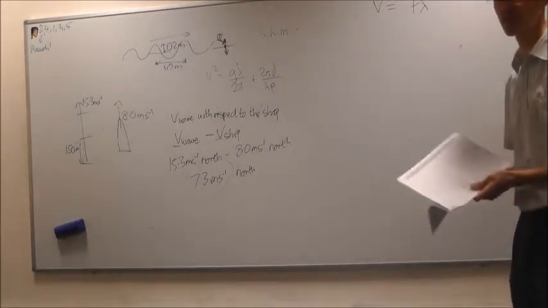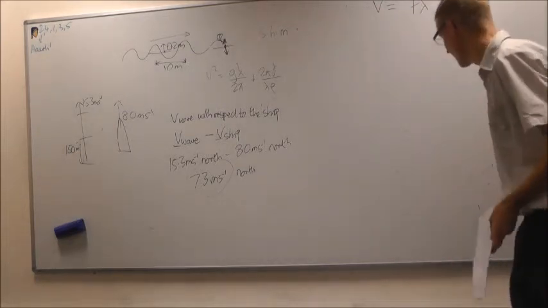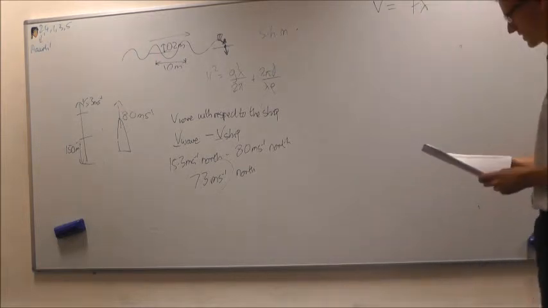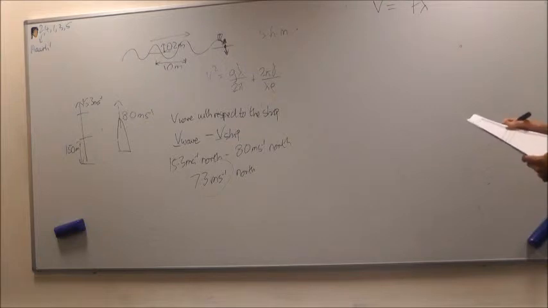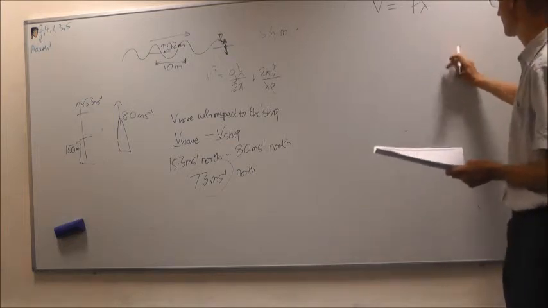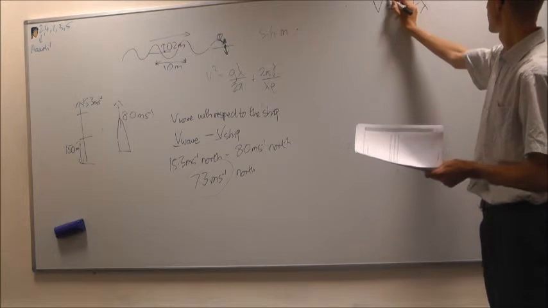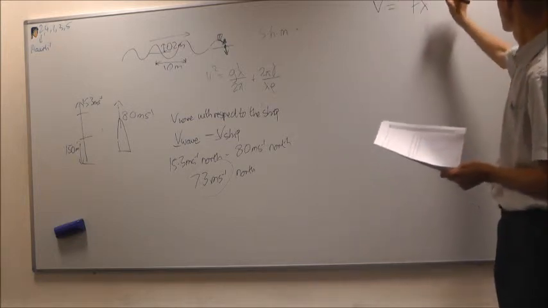It would have been, because otherwise I wouldn't have got the units right. Velocity is frequency times wavelength. So we know velocity, we want to find our frequency.